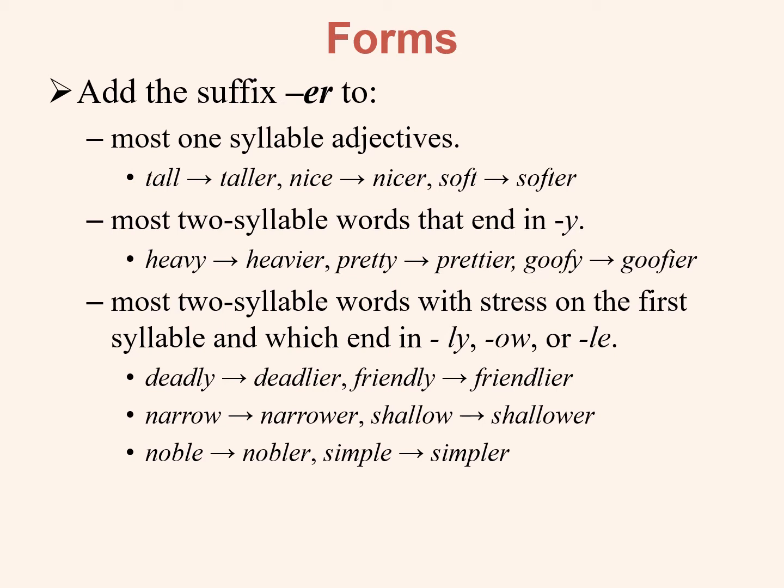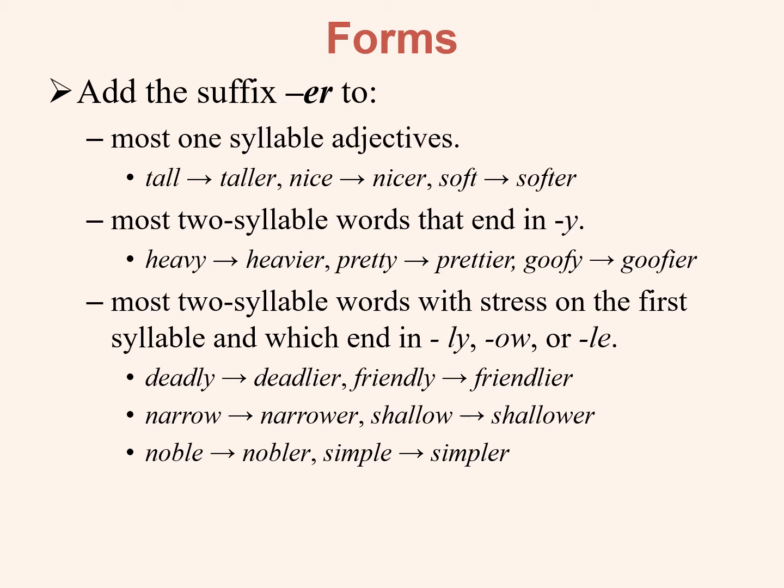And most two-syllable words that have stress, the force of the pronunciation, on the first syllable and which end in the letters ly, ow, or le form their comparative form by adding the suffix er.